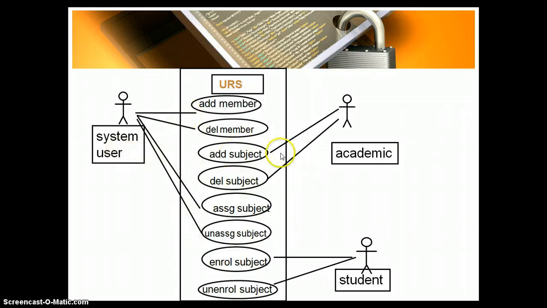Academic can add subject, delete subject, and student can enroll to the subject and enroll from the subject. So we can easily understand who is doing which part, and these are all the jobs performed by my software. My software can add member, delete member, add subject, delete subject, assign subject, unassign subject, enroll subject, and unenroll the subjects.